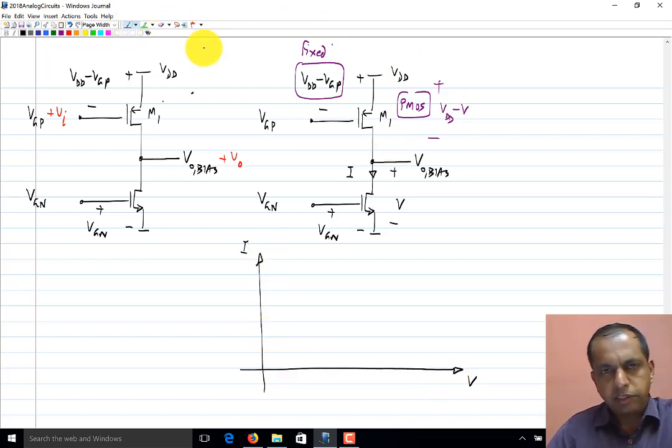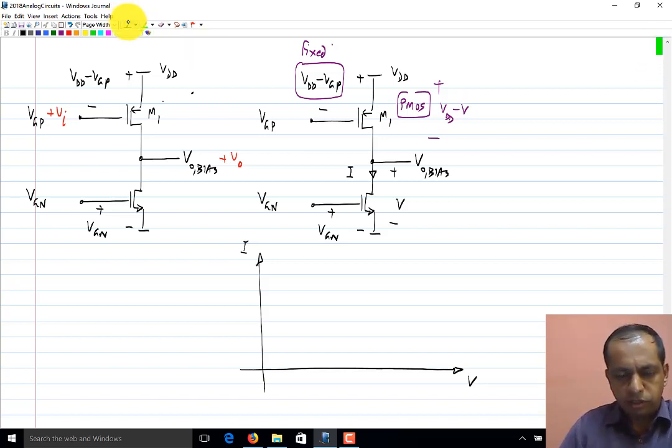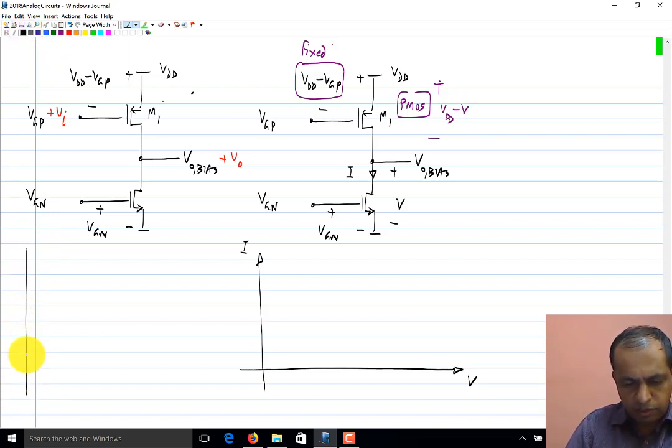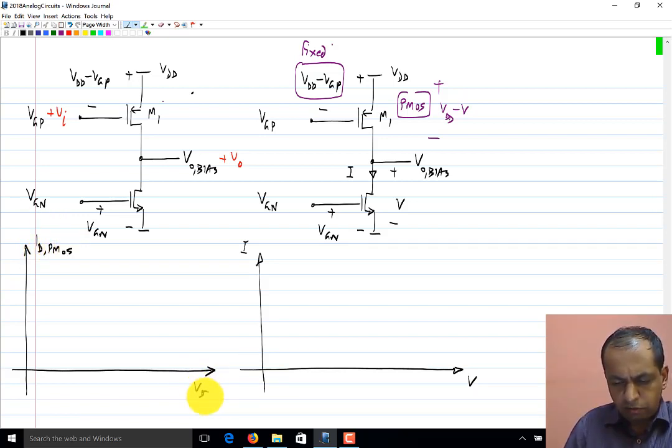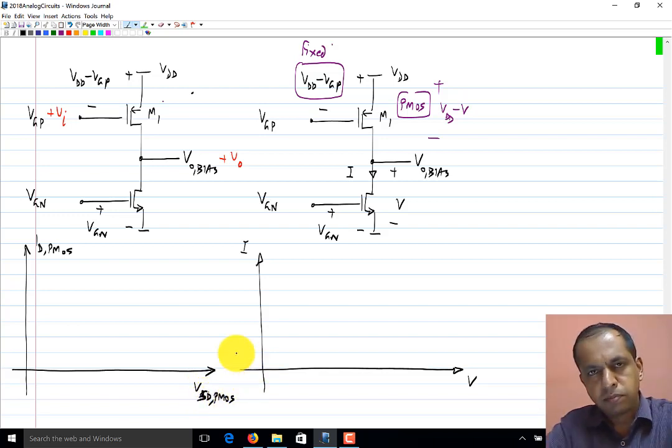So it's quite easy to draw, but the first time around, let's draw it on the conventional axis, which is ID of the PMOS transistor versus VSD of the PMOS transistor. Let's draw this.